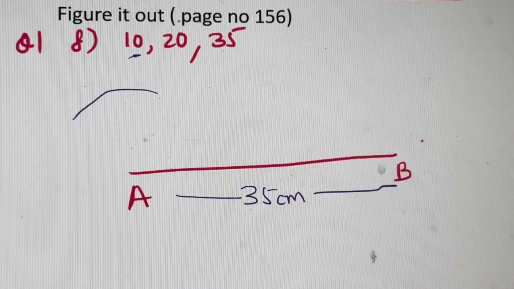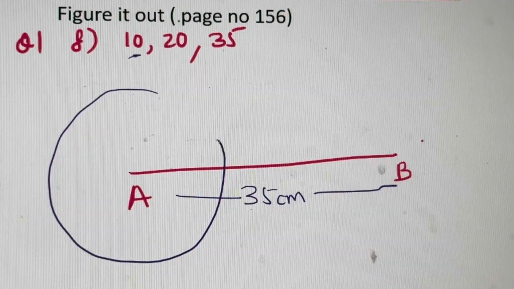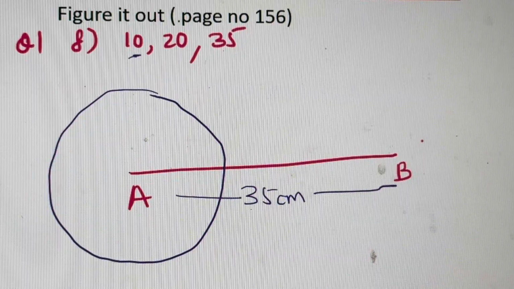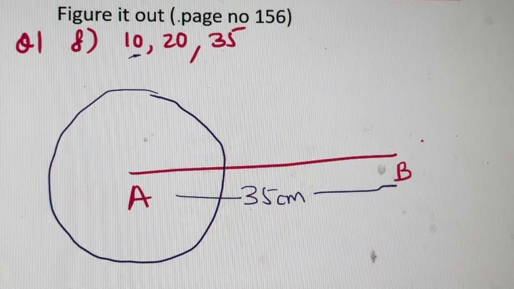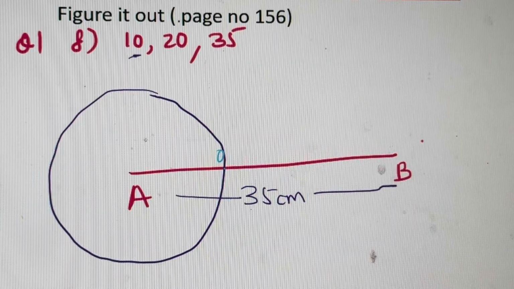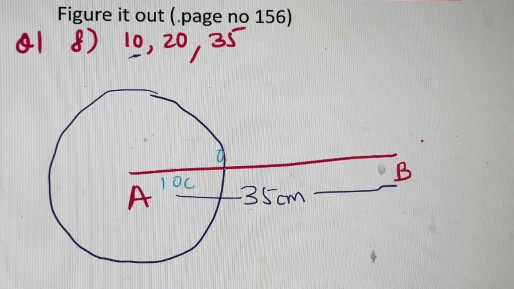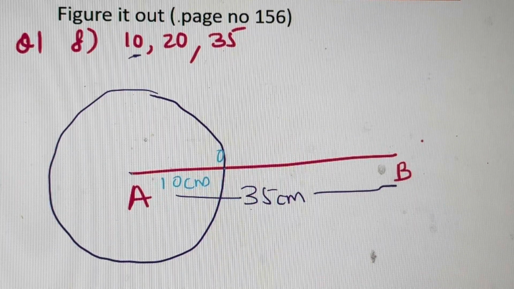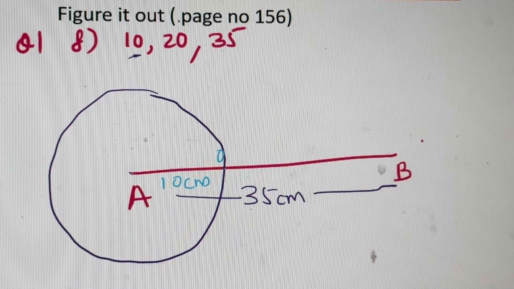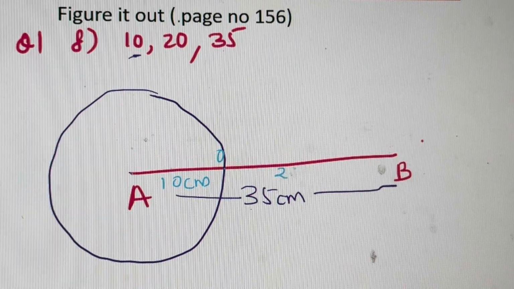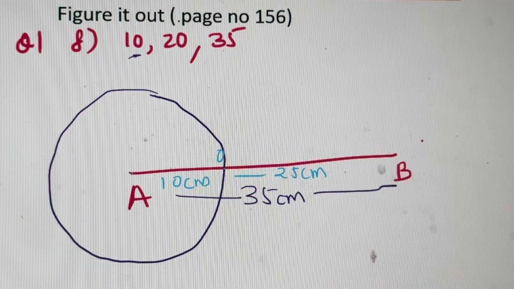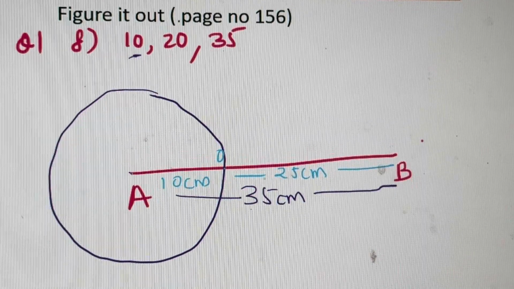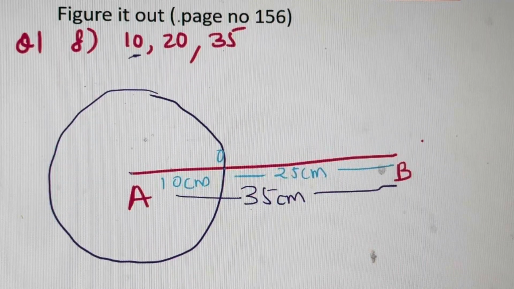And we form a circle. So this point, if I take it as O, AO will be 10 centimeter because that's the radius we have taken, and remaining will be 35 minus 10, so this will be 25 centimeter. Remaining, that is BO, will be 25 centimeter.